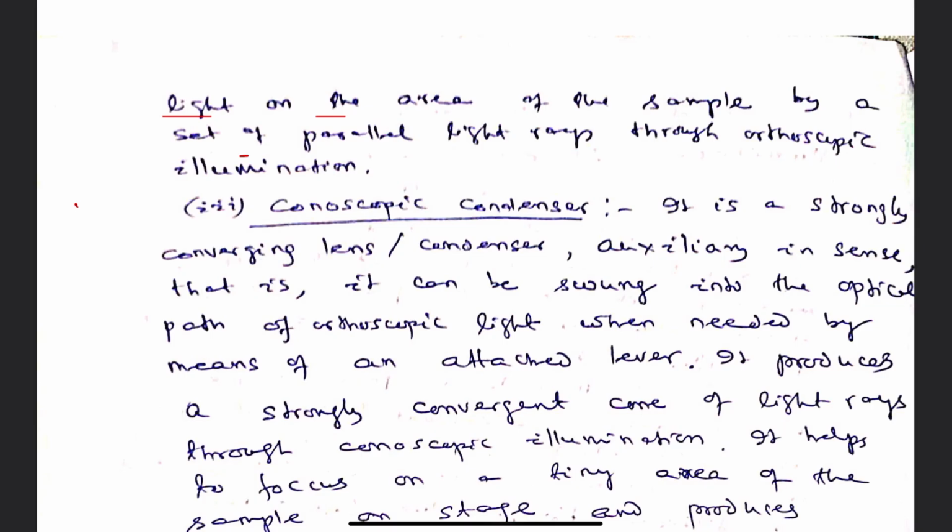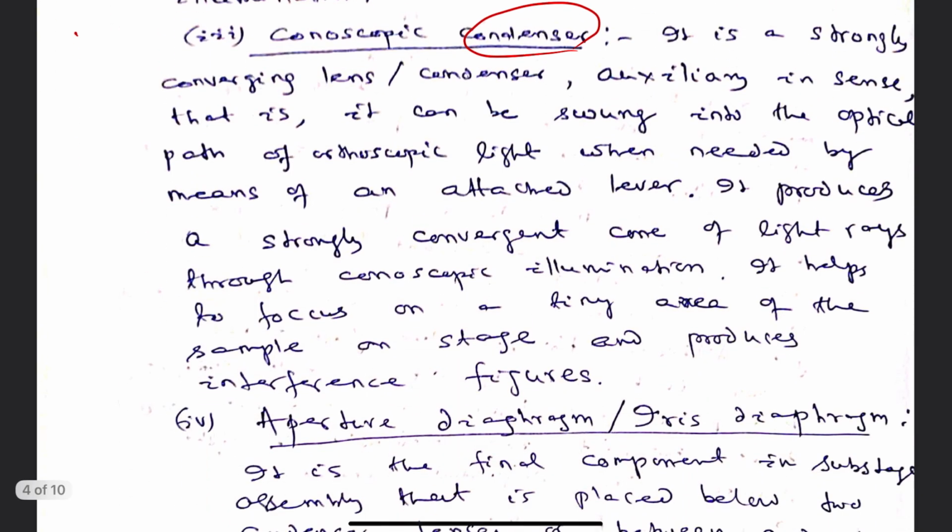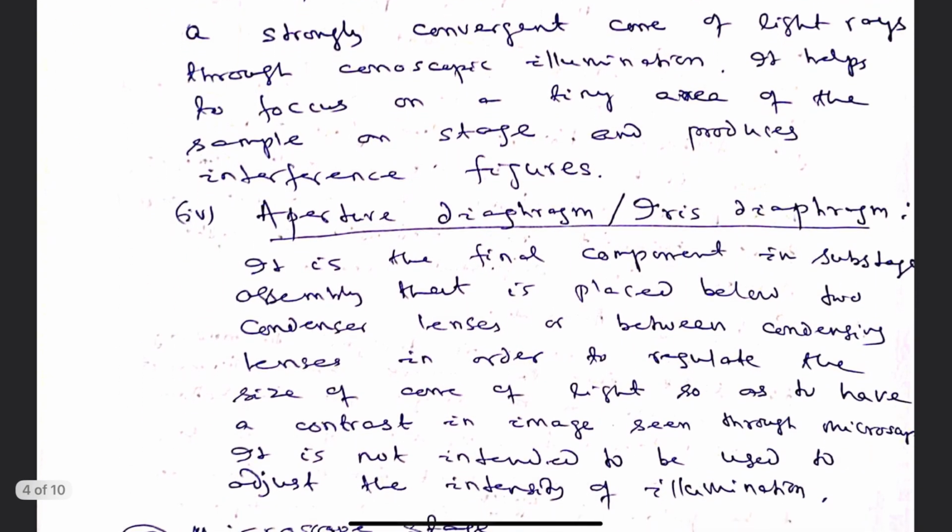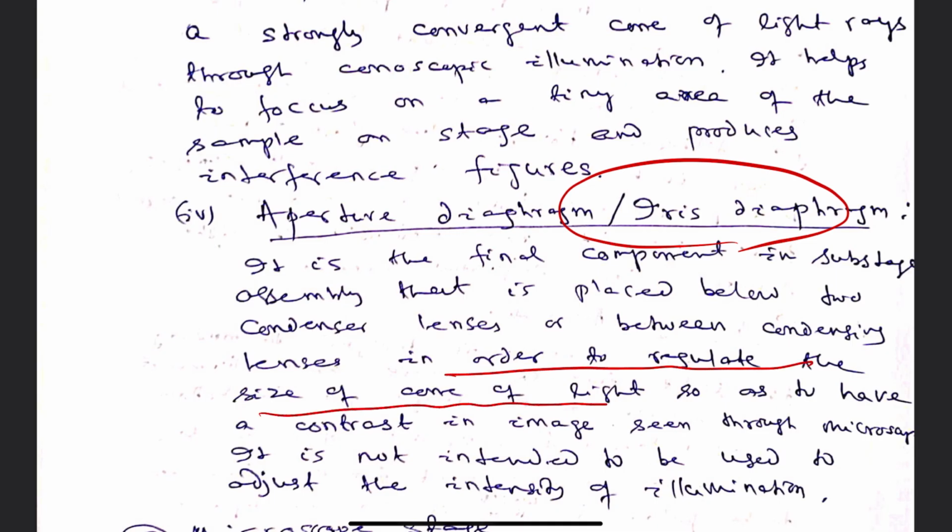And the microscopes have the provision either to swing in or swing out the conoscopic condenser into the field of view. Then within the two condensers, we have the iris diaphragm that is used to control the amount of light into the microscope, or to regulate the size of the cone of light so as to have a contrast in the image seen through the microscope.